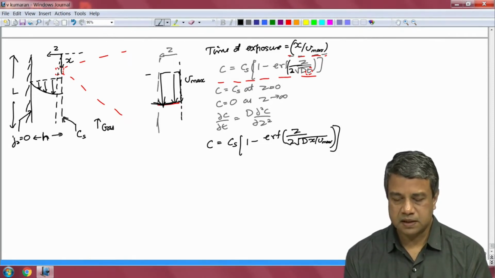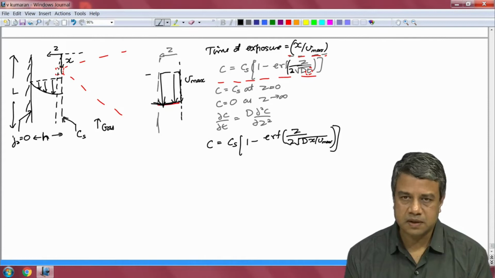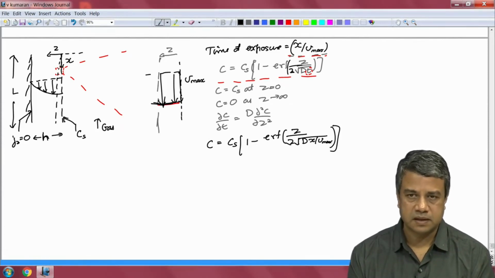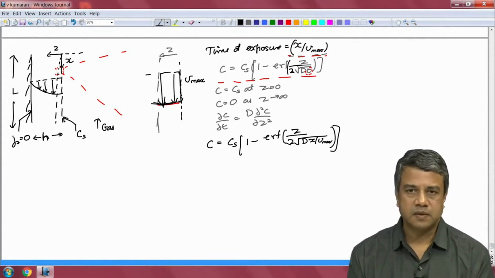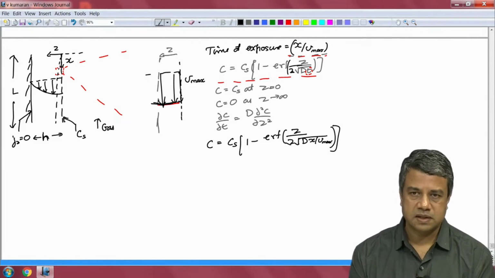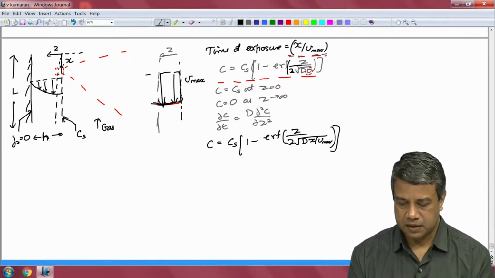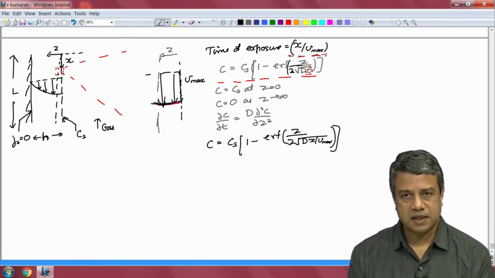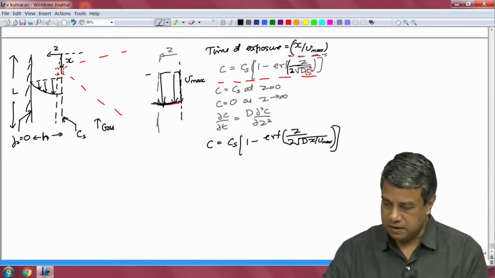And I was considering the case where the penetration depth is small compared to the film thickness. We will come back and examine under what conditions the penetration depth is small compared to the film thickness, but that was the case that I was considering over here. So, this same zx coordinate, I can transform it if I just invert it a little bit.